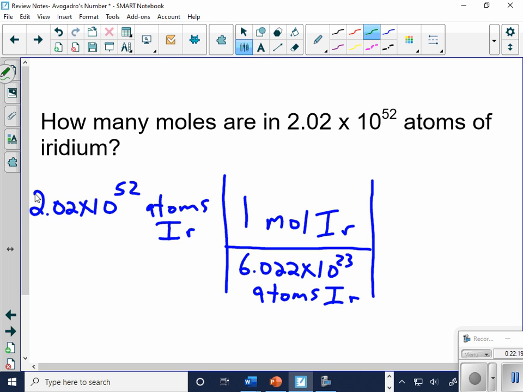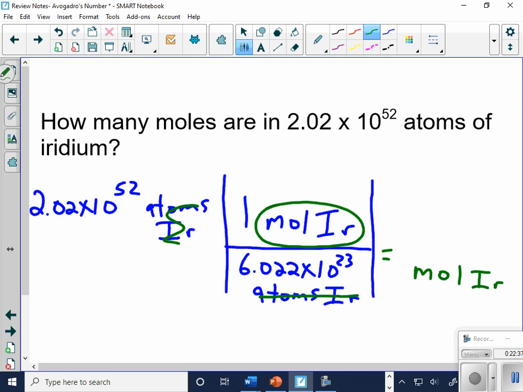I go back and I have atoms of iridium here on the top, atoms of iridium on the bottom. I get a cancellation, like I should. So now, my new label is going to be mole of iridium.